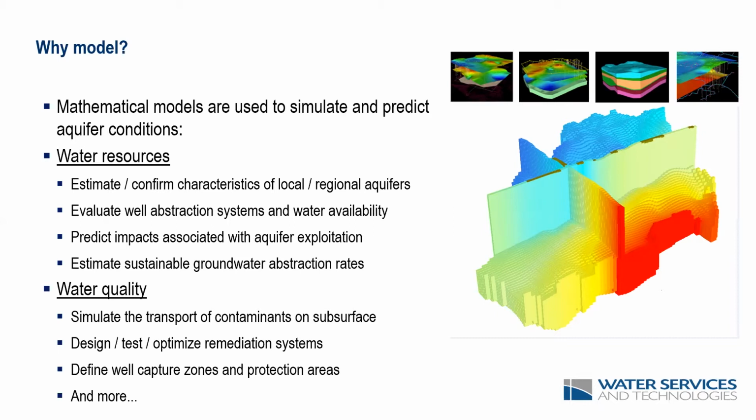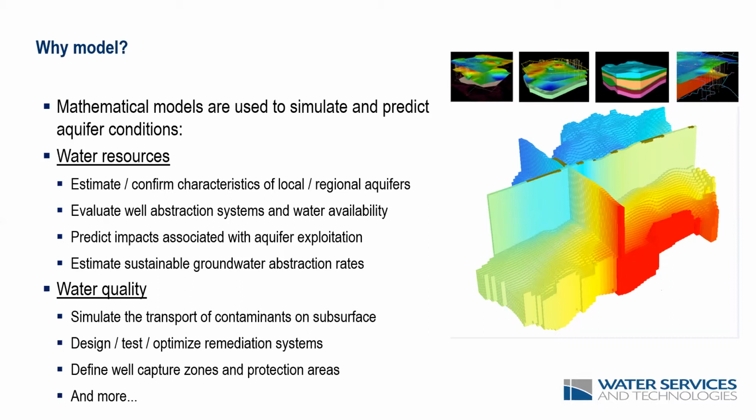In terms of water quality, this is when we are going to look at things like transport of contaminants in the subsurface. So there is an enormous range of situations where groundwater may be impacted, be it in an industrial context, say from organic compounds, or in a mining context, for instance leachates from tailings that infiltrate the subsurface and affect the quality of groundwater.